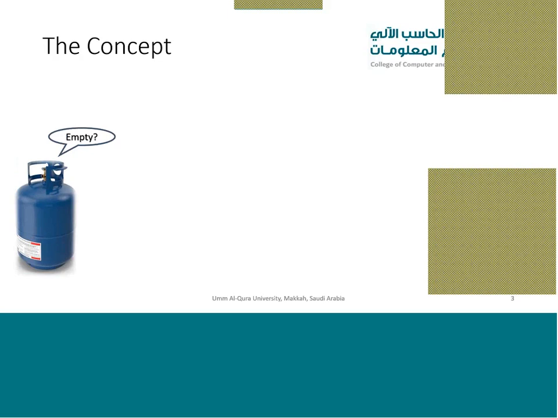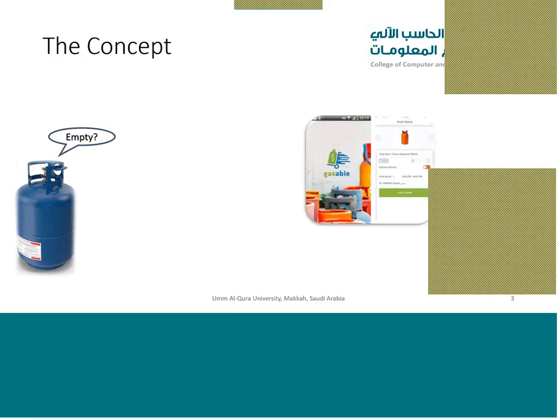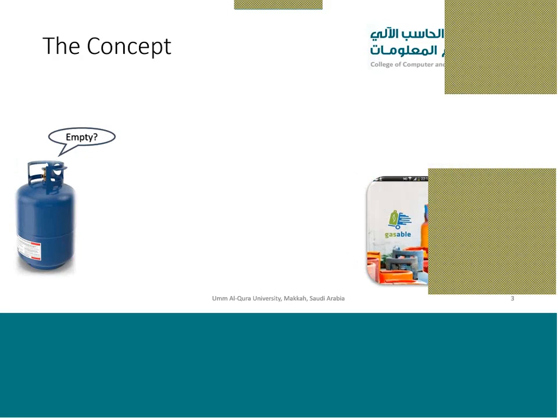The next step in a normal scenario is you just remove it from your stove and take it for a refill. Or the second option these days is you use an app. Whenever it is empty, you go to the app and order it, and the company will bring it to you in 1 hour or 2 hours or whatever time it is.